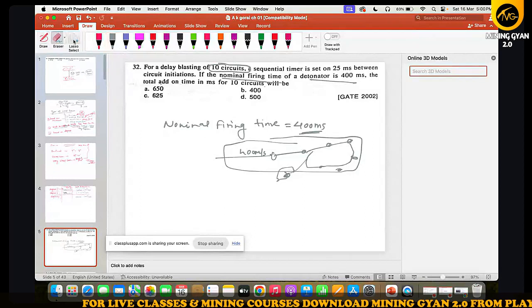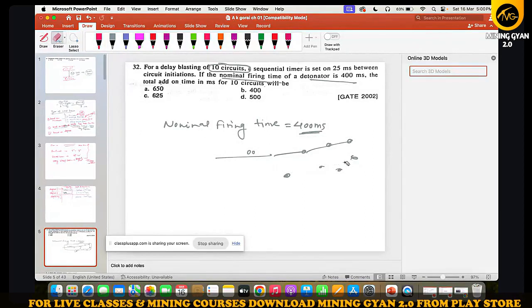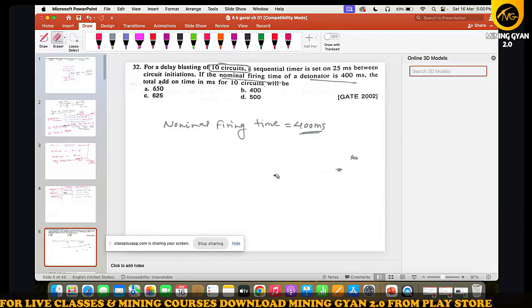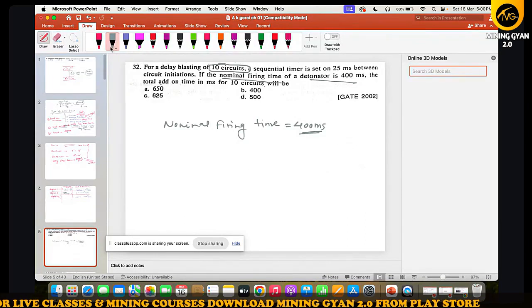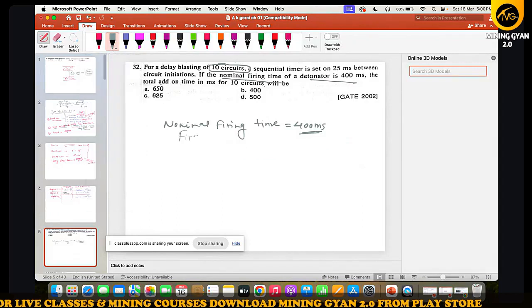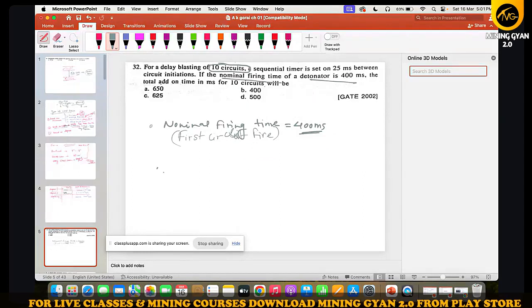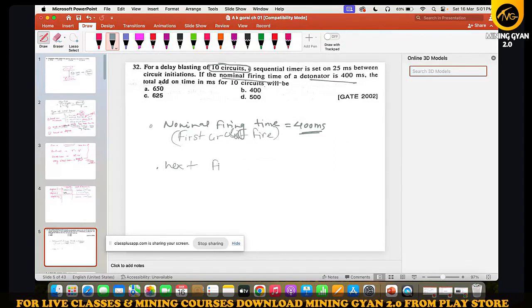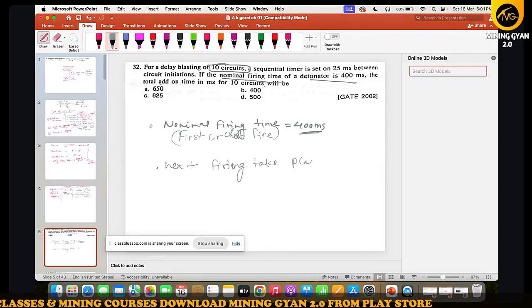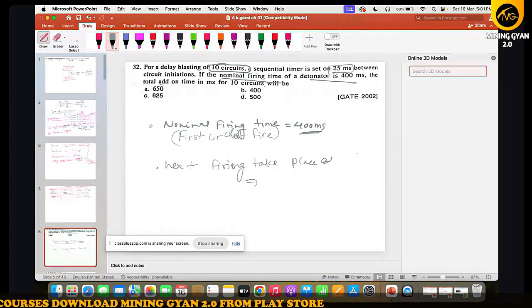So nominal firing time is, so we call it a first circuit fire, है ना। So next firing take place in 25 millisecond ना। Or you should remember this fact also.